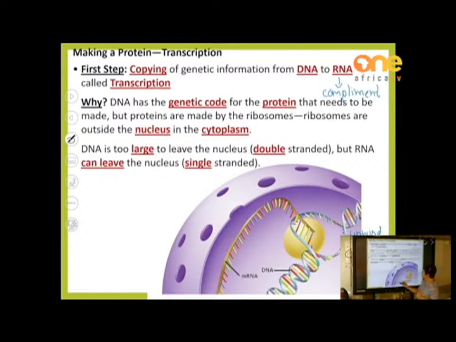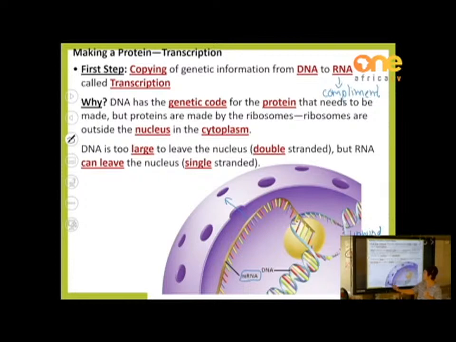Now the messenger RNA will come and make a copy. Again, it is not an exact copy, but it will form the complement of the message. Because the single strand of RNA can leave the nucleus through the nuclear pores.